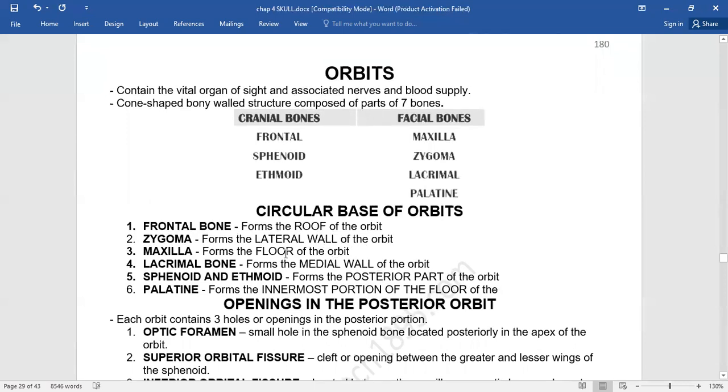Ang maxilla naman is the floor of the orbit. So lacrimal bone, sa medial wall, sphenoid and ethmoid, posterior part. The palatine bones is the innermost portion of the floor of the orbit. So bali, these are the different cranial bones that make up the orbital ring.